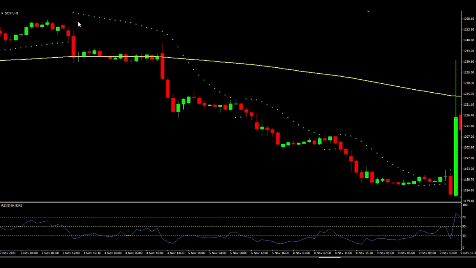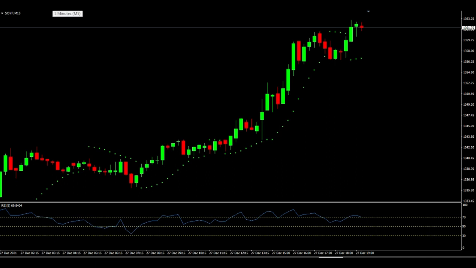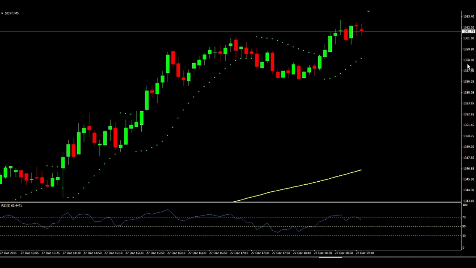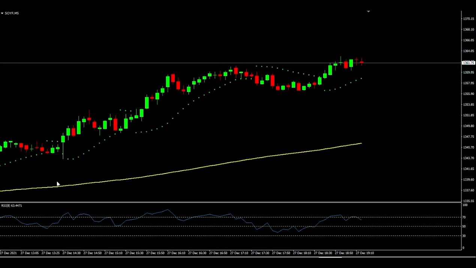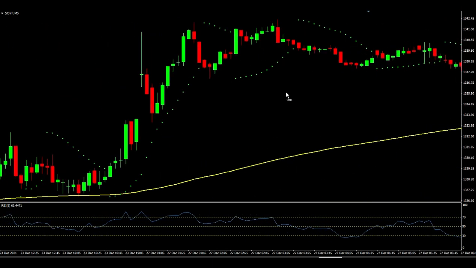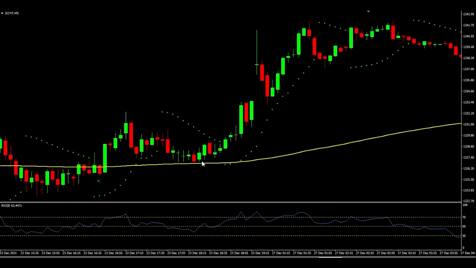This is on the 1 hour. You can change it to 15 minutes, or you can change it to 5 minutes. Then you have to trade accordingly. So if the market is going up, you will only buy, no selling, just buying whenever you find a signal.